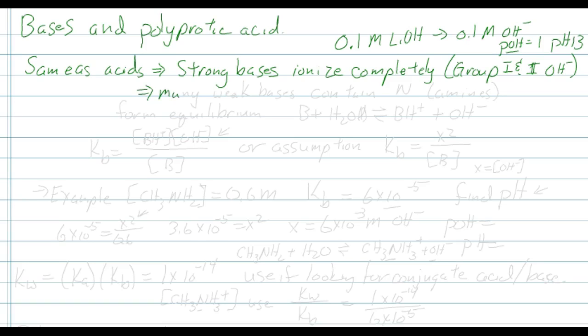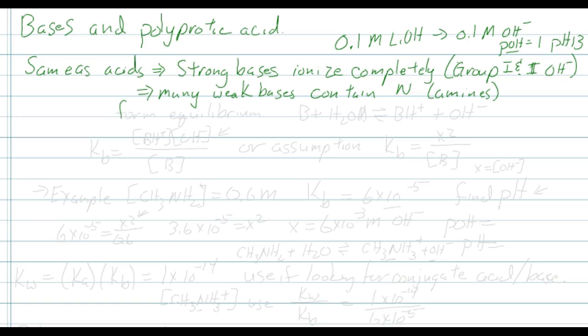Many of the weak bases contain nitrogen, also known as amines, especially organic. You can also do iron hydroxide, the transition metal hydroxides. Those will tend to form weak bases too.